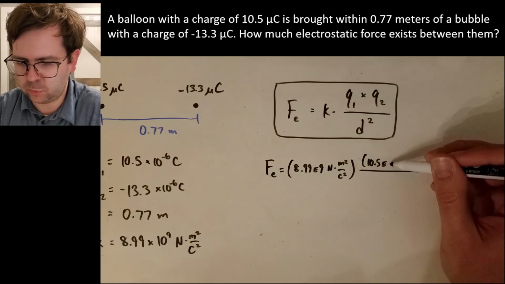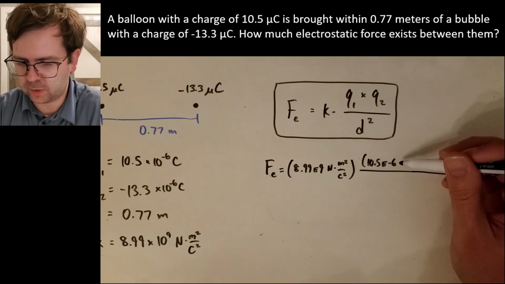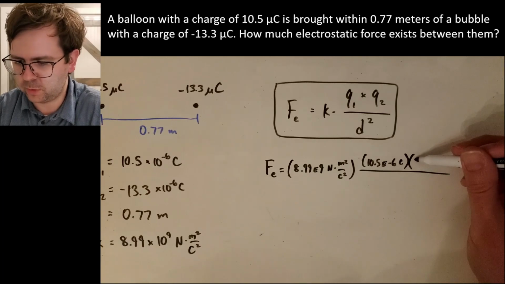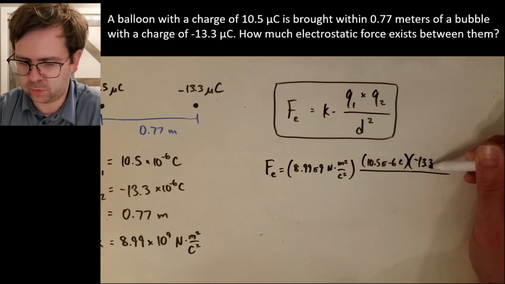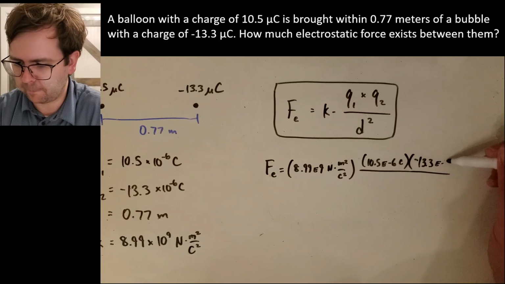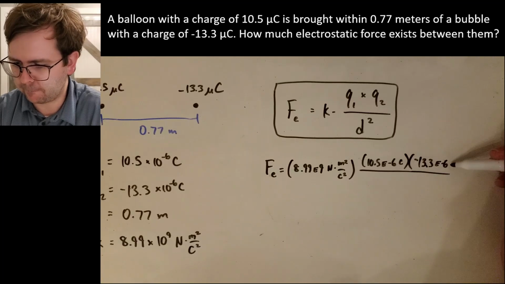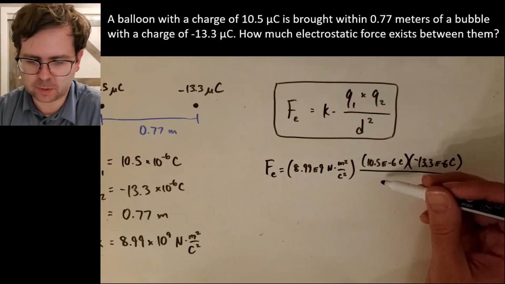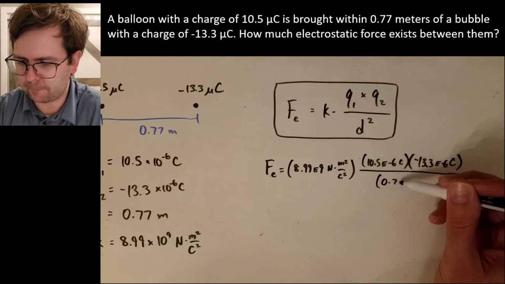So my Q1 is 10.5 microcoulombs. Q2 is negative 13.3 microcoulombs. And then dividing by the distance squared.